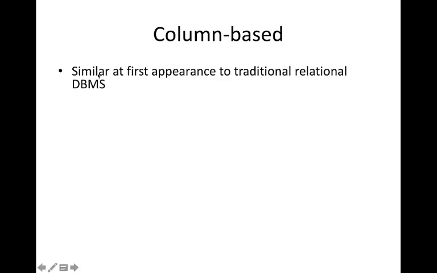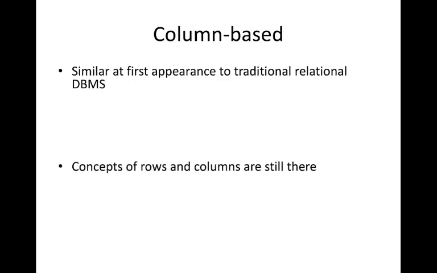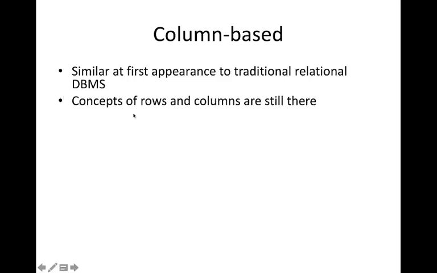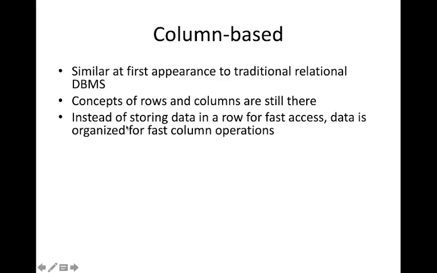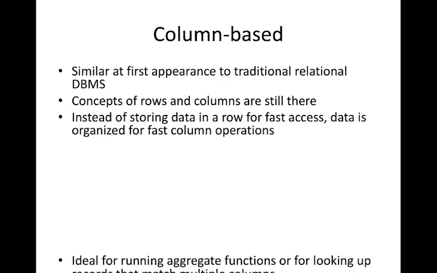It is similar in appearance to the traditional relational database, but it's entirely different. Even though it looks similar, the concepts of rows and columns are still here. Instead of storing data in a row for fast access, data is organized for fast column operations. So instead of organizing in rows, here data will be stored in columns.